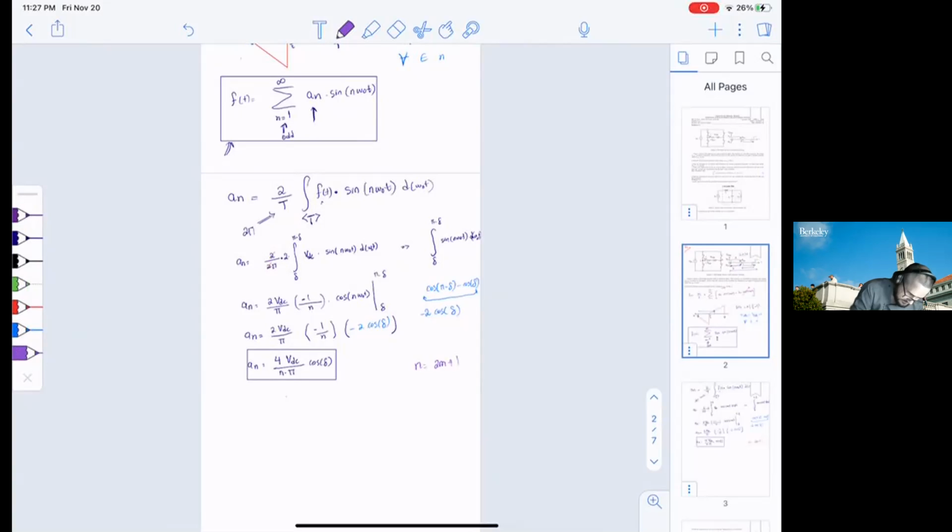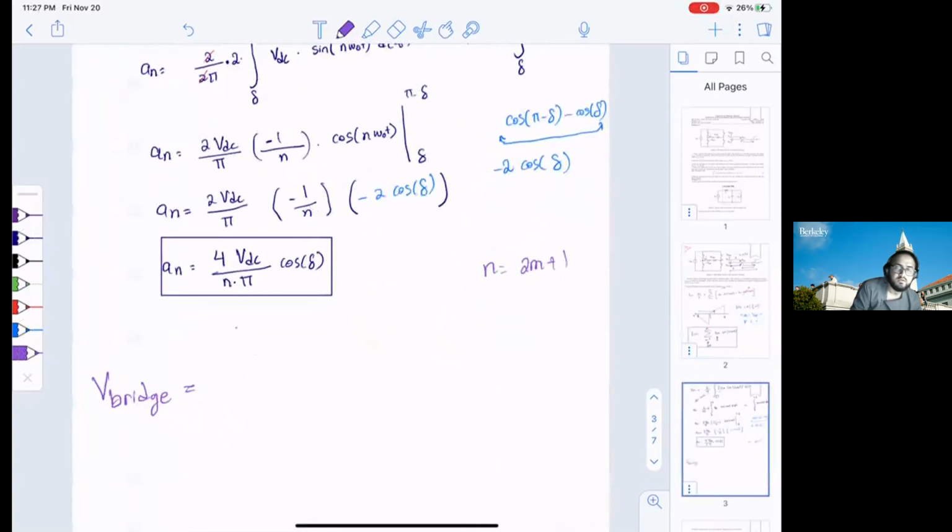Now I'm going to write down that V bridge is equal to, and I can put these outside as well.